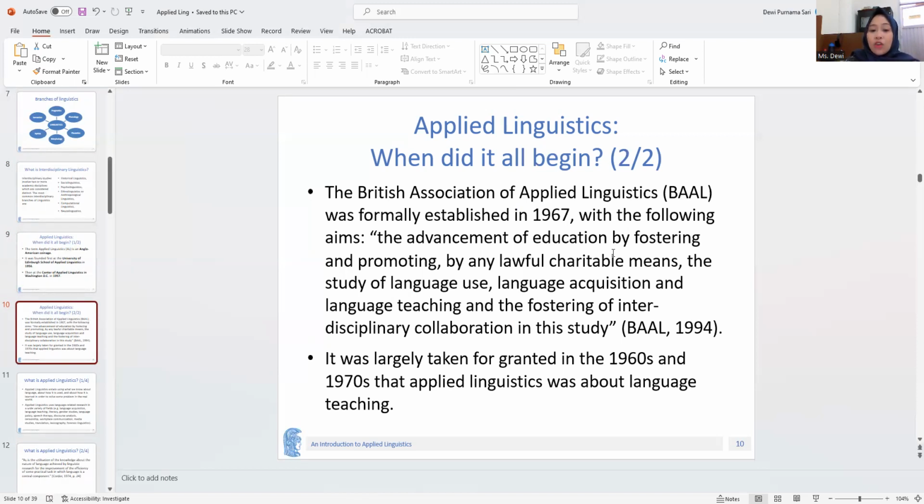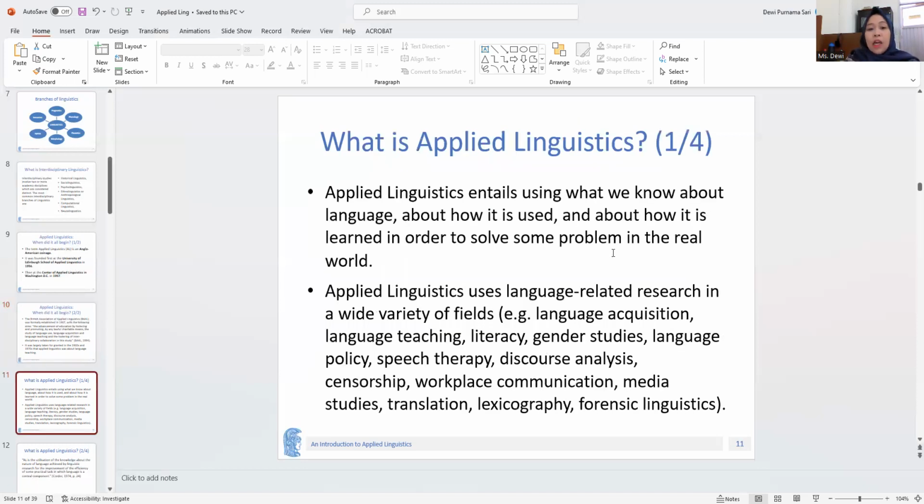And then it was largely taken for granted in the 1960s and 1970s that applied linguistics was about language teaching, how the language is taught to other people. Applied linguistics entails using what we know about language, about how it is used, and about how it is learned in order to solve problems in the real world.